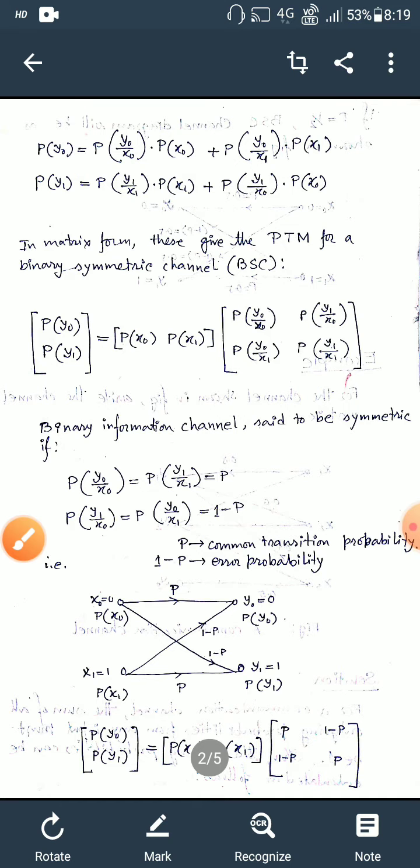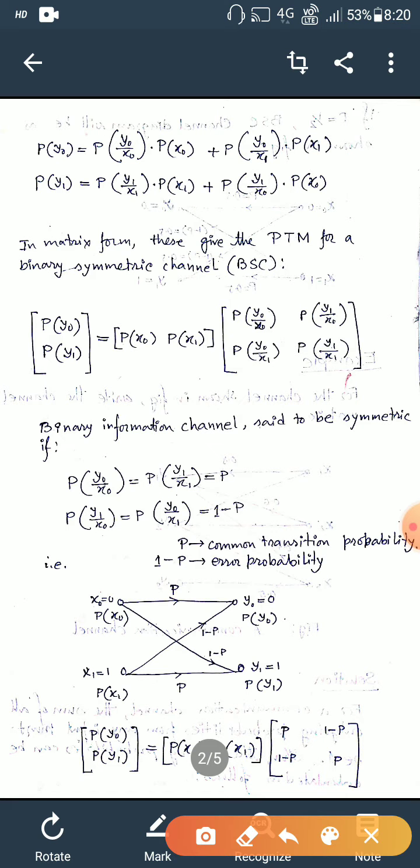So when will this binary information channel be named symmetric, the binary symmetric information channel? The condition is that p of y0 given x0 should be equal to p of y1 given x1.